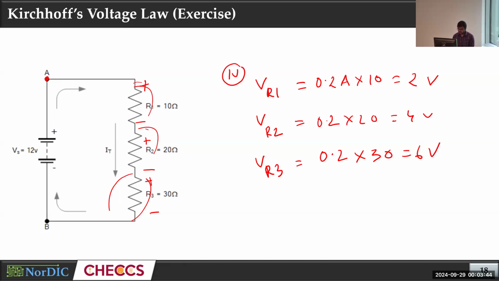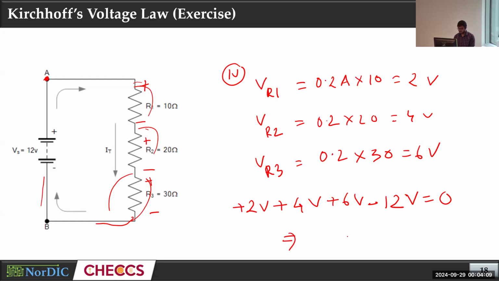So from the first resistor, we write plus 2 volt, then plus 4 volt, then plus 6 volt. Then we get negative 12 from the source, so we write negative 12. And we end up at the starting point again, so we write equal to 0.